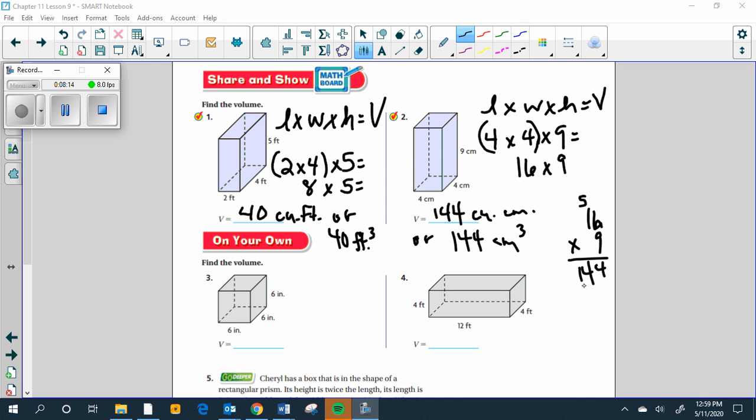When I multiply that out, I get 144. Again, cubic units because it's volume, and this unit is centimeters, so 144 cubic centimeters, or you might have written 144 centimeters cubed.